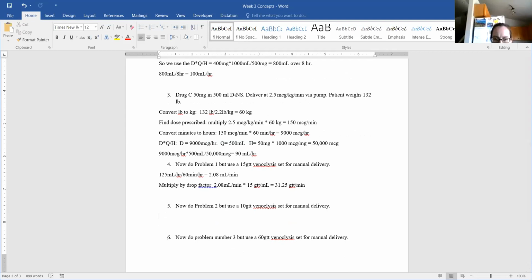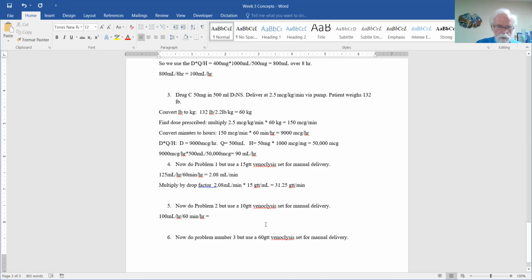So we have 100 milliliters per hour divided by 60 minutes per hour, and we get 1.67. We'll write this down as a rounded off form.